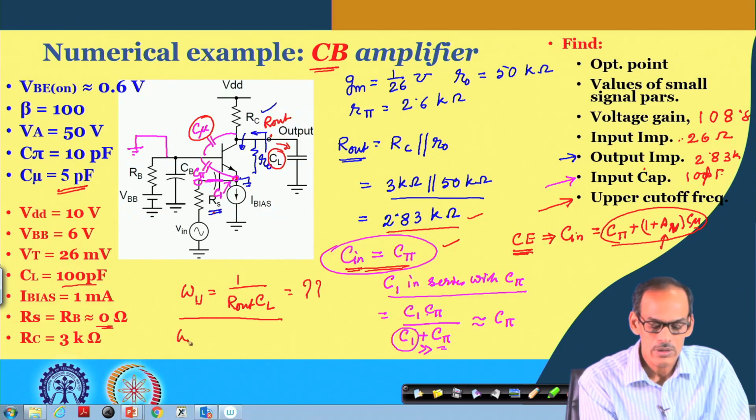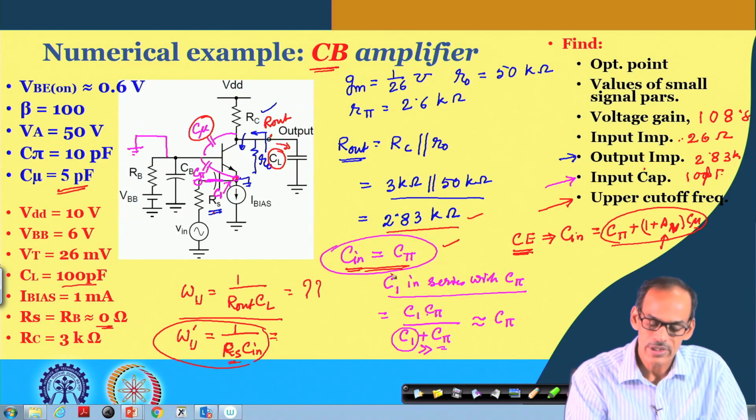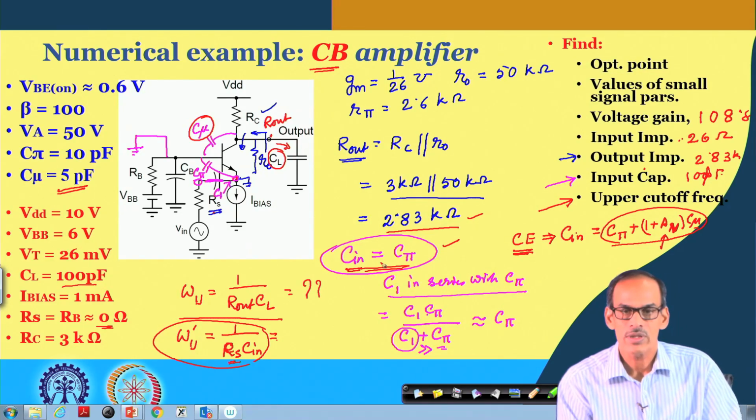But in general, the upper cutoff frequency defined by R s and C in is the other candidate, using this expression. If we have R s, it can be easily seen that the common base circuit, since its input capacitance is low, is useful for some high bandwidth application.